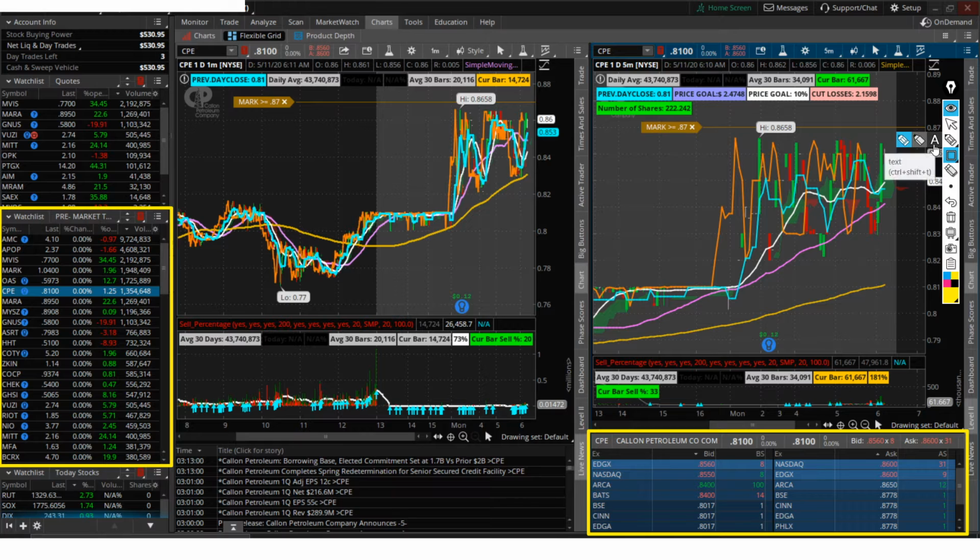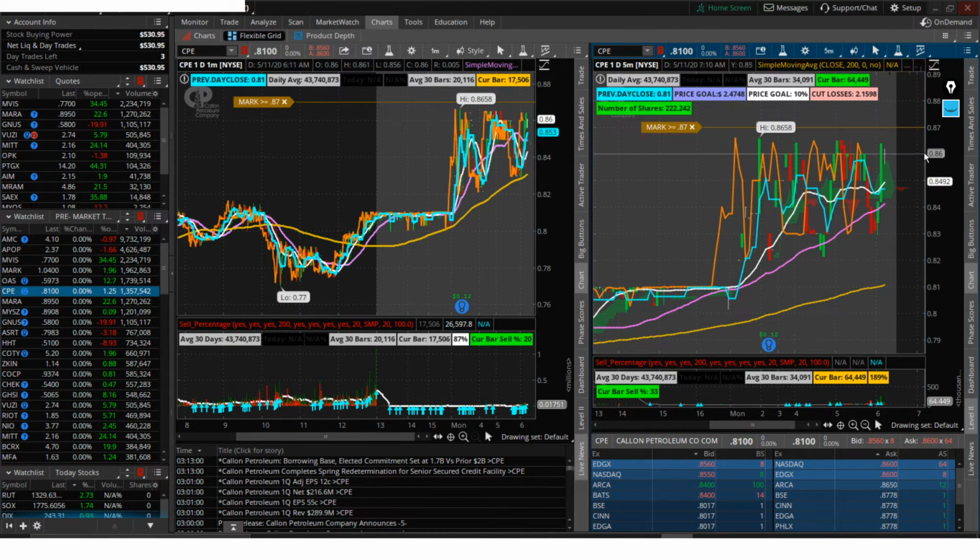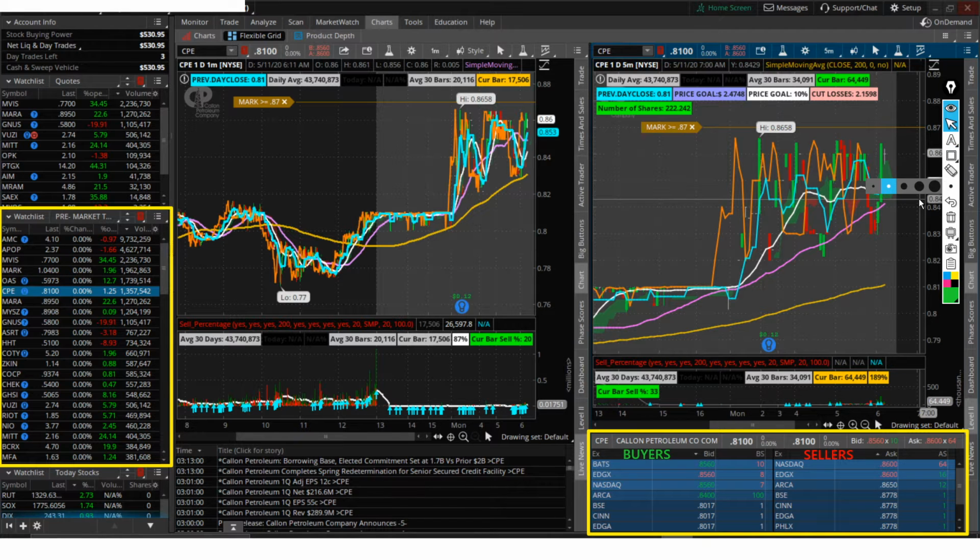And then I'm gonna create a note for you guys for buyers and sellers. So these guys right here are sellers, and the guys over here are buyers. Boom. So that's the level 2 right there. Oops. So buyers on the left side, sellers on the right side. If you guys don't know how level 2 works, that's how it is.